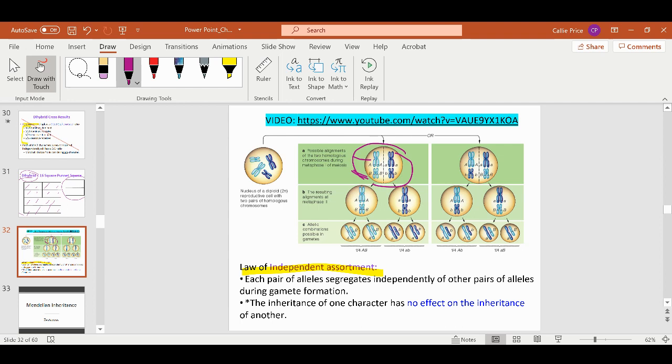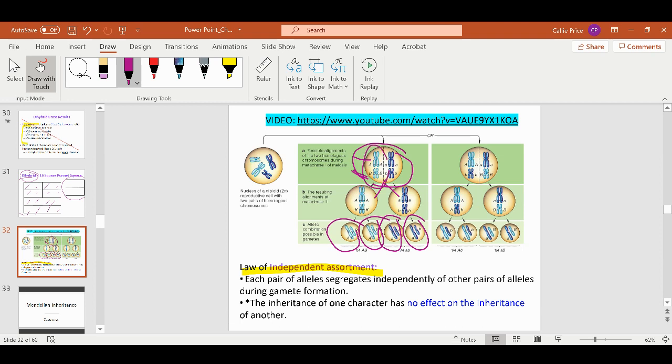So the A gene is not tied to the B gene, right? We can see that as they separate out throughout meiosis, they could have ended up in this way here, a mixture of the big A with the big B's and then the little a with the little b's. But it didn't have to be that way, right?